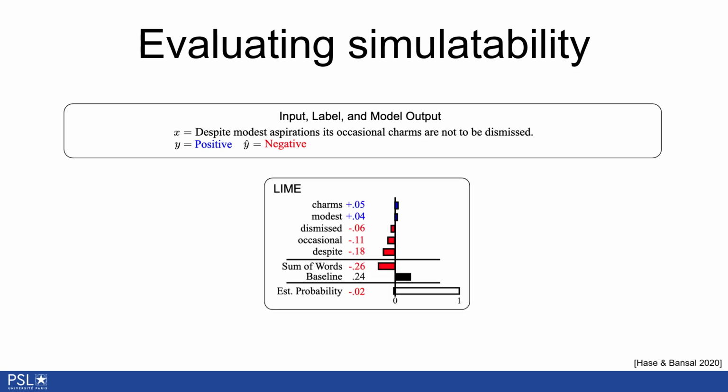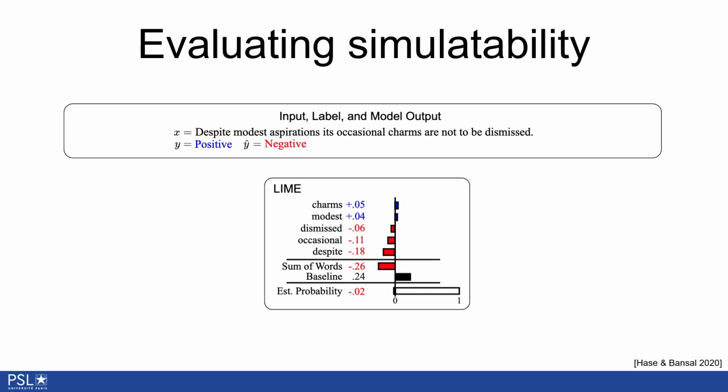The subjects are then shown an explanation for the output of the model, for example using LIME. LIME identifies feature importance scores, or contributions, for different words in the sentence, and shows the words with the largest scores. For this example, charms and modest had positive contributions, while dismissed, occasional, and despite had negative scores.